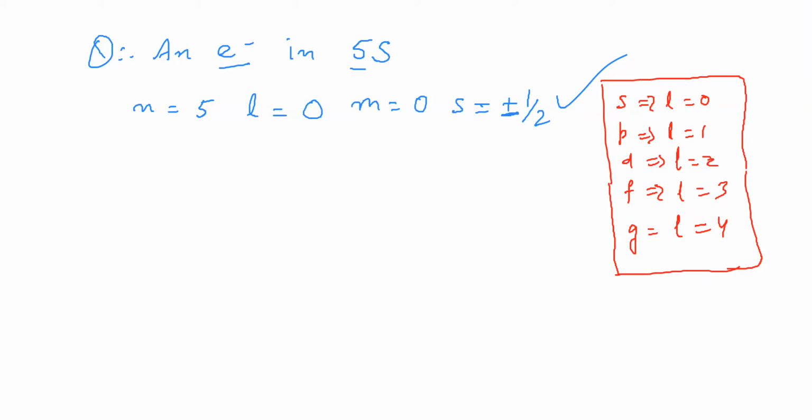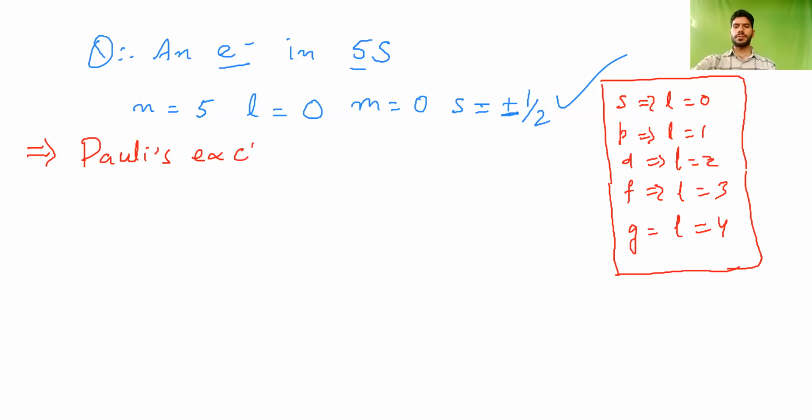Yes, sir. Okay, then let's move towards another very important principle, known as Pauli's exclusion principle. So what is this principle? It states that an orbital can accommodate a maximum of 2 electrons with opposite spin. This is very important.